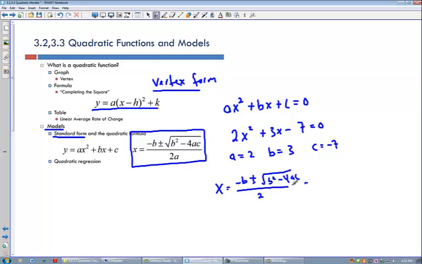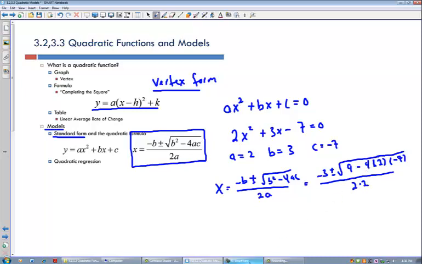And I would just plug in. So I have negative 3 plus or minus the square root of 3 squared, so that's 9, minus 4 times 2 times negative 7, so 4ac. And then this is all divided by 2a, so 2 times 2.